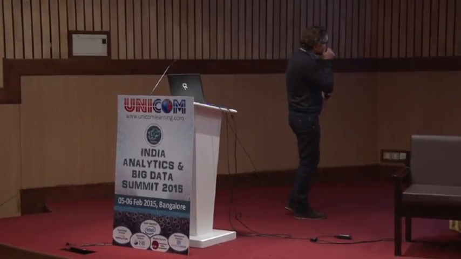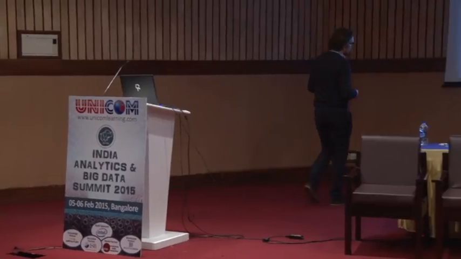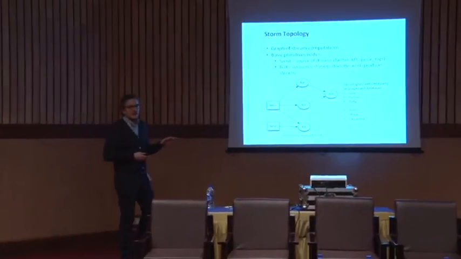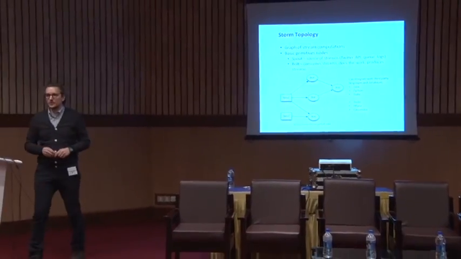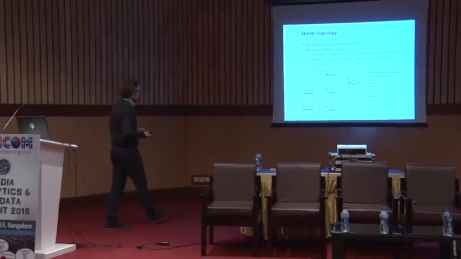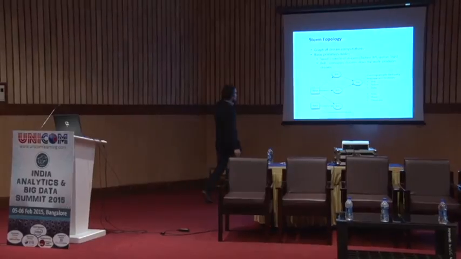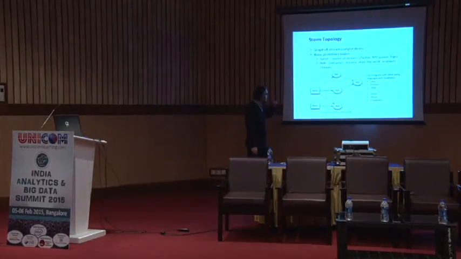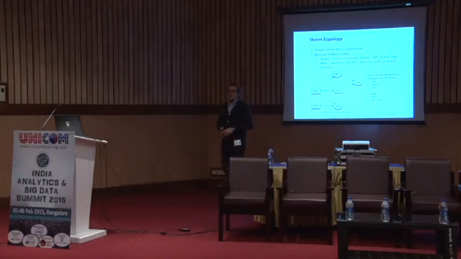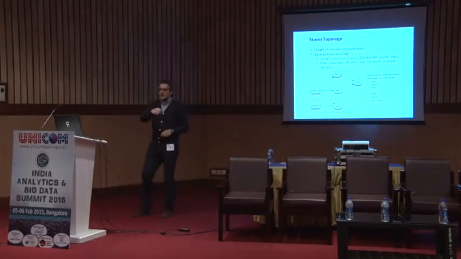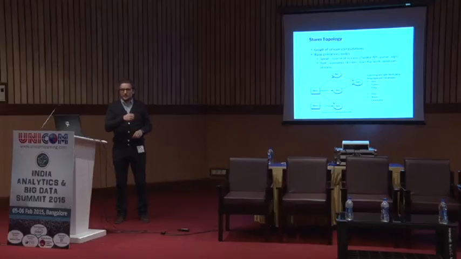From the software point of view, the way we create data stream analytics in Storm is that we create two types of tasks: so-called spouts and bolts. The spout is the input of the data.